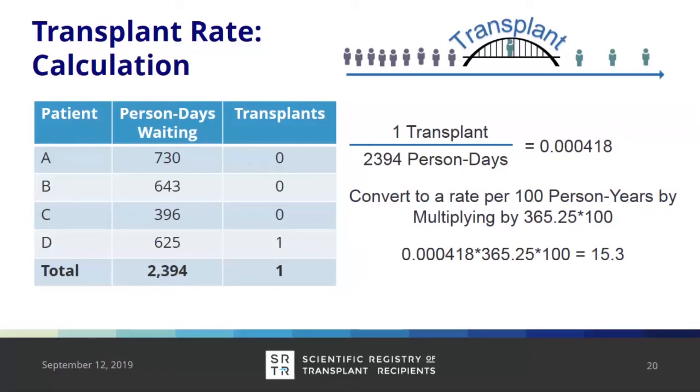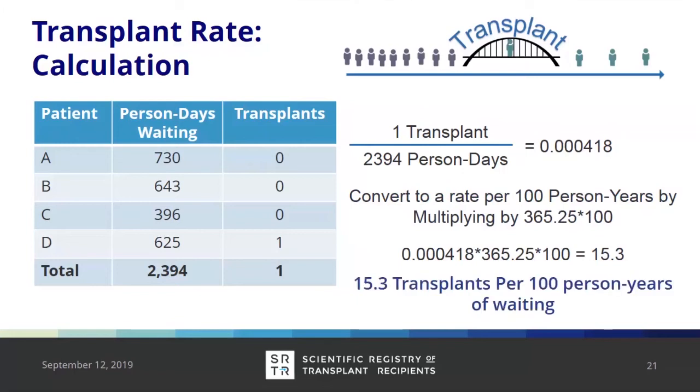So the interpretation of 15.3 is that we have 15.3 transplants per 100 person years of waiting. Again, person years is a bit of a hard construct to get your head around, but you can interpret that as saying, if you had 100 people on your list, each for the full year, you would expect about 15 of them to be transplanted.